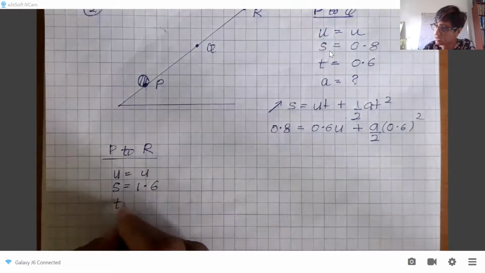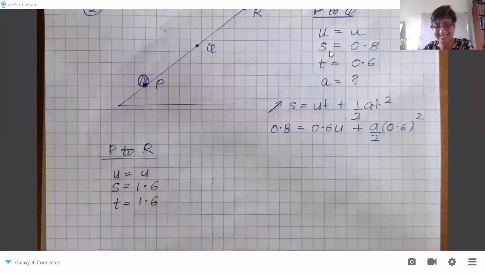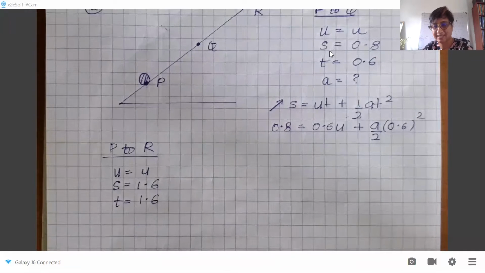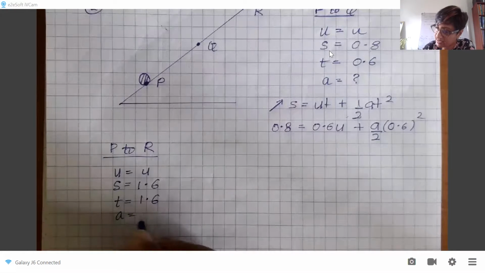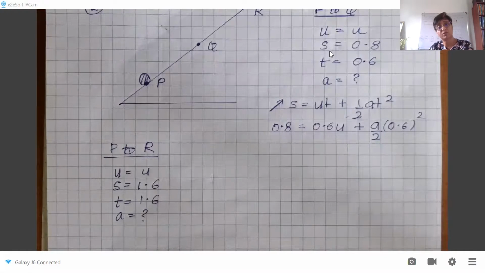Time is also 1.6. And I can write again another equation, S equals ut plus half at squared for the motion from P to R. Is this clear? Hatvi is asking.